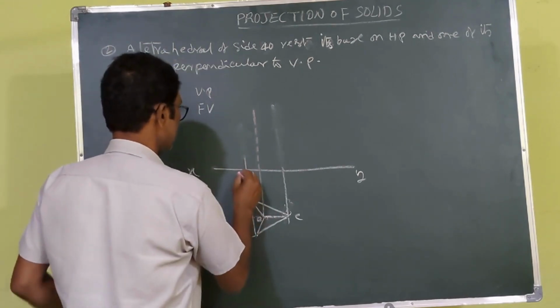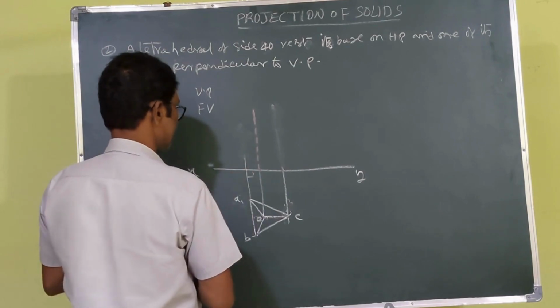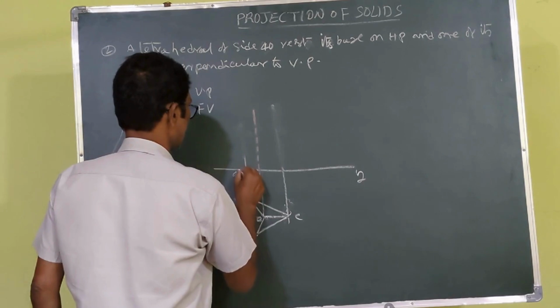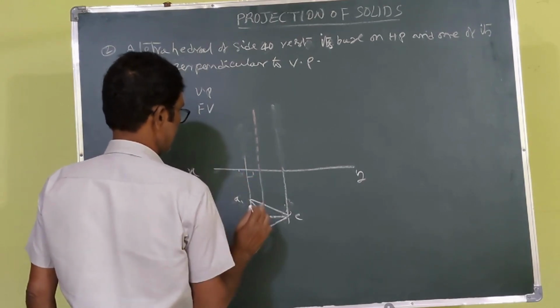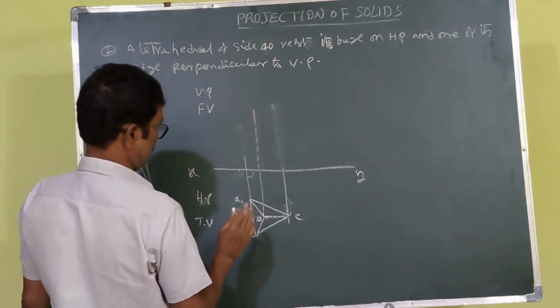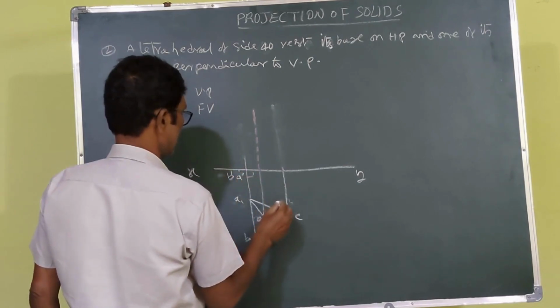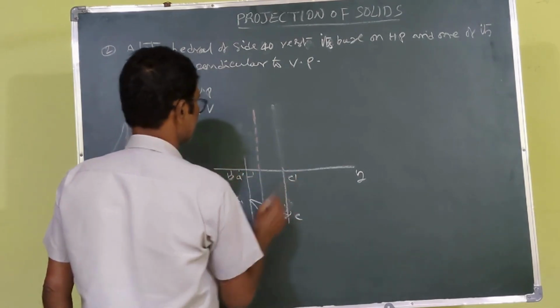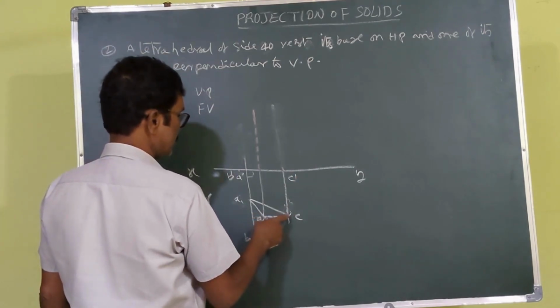So this is the point A dash, B dash. By convention, we can see B dash, A dash, and this is the C dash. So here, OC is the true length.